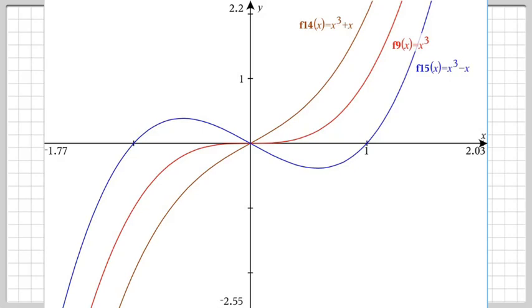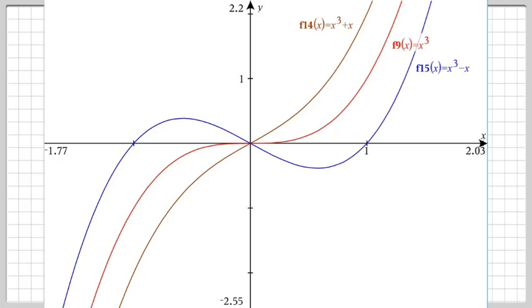Isn't that interesting? So I've given you an example of no stationary points, one stationary point of inflection and two stationary points, just by having the graph of y equals x, or the graph of y equals minus x, or just not having that graph at all in the case of the perfect cube y equals x cubed.